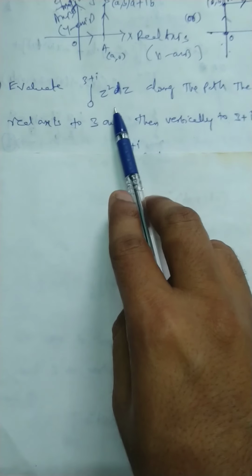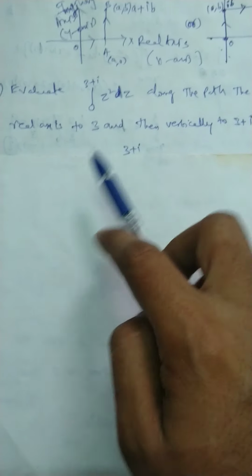Evaluate the integral from 0 to 3 plus i of z square dz along the path the real axis to 3 and then vertically to 3 plus i. So to evaluate this integral, we first write z as x plus iy, dz as dx plus idy, and we simplify the given integral in terms of x and y variables.